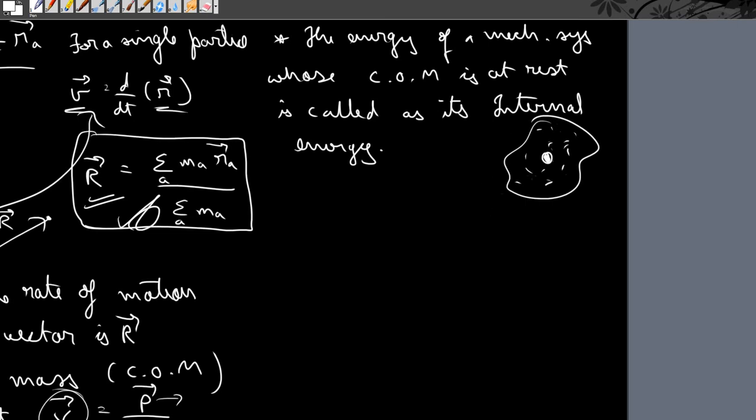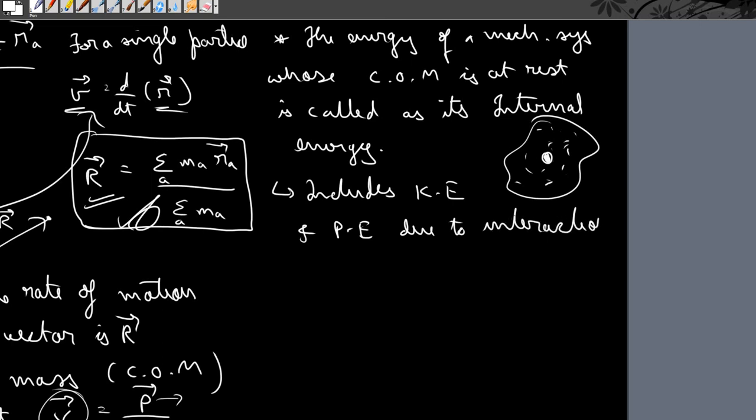So it's the energy of the mechanical system whose center of mass is at rest. So this includes the kinetic energy and potential energy, which is due to interaction of each of the particles.